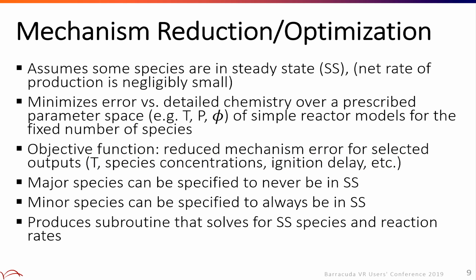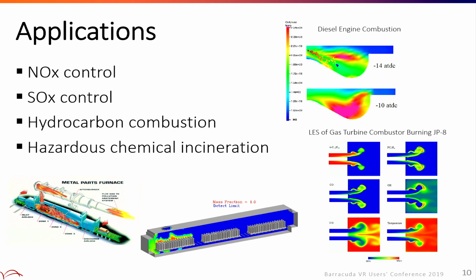We can also specify that major species can never be in the steady state, so that you can track those major species, or that minor species you don't want to track. You can specify that in the development, and it produces a subroutine that serves the steady-state species and the reaction rates. It has been applied to various systems: NOx control, SOx control, hydrocarbon combustion, and hazardous chemical incineration, such as chemical weapon destruction.